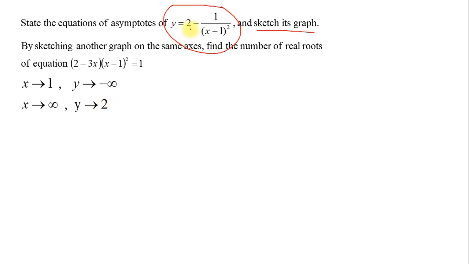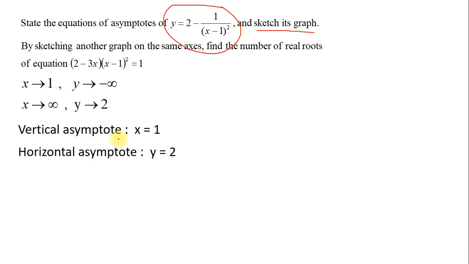Which means the limit is 2. So based on this, you can make the conclusion that your vertical asymptote is x equals 1, and your horizontal asymptote is y equals 2.